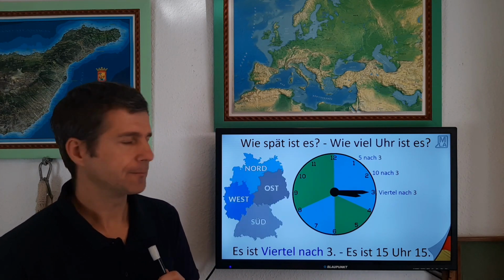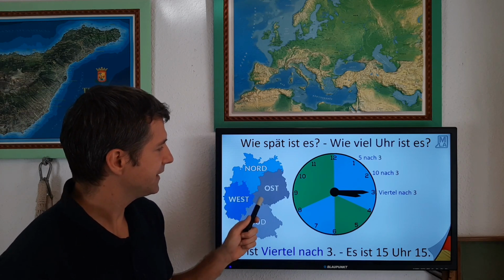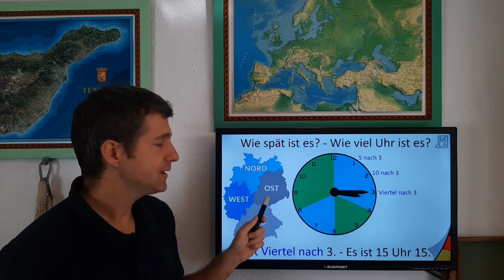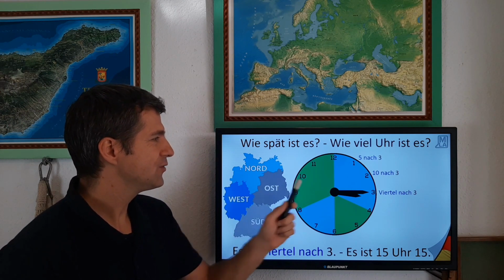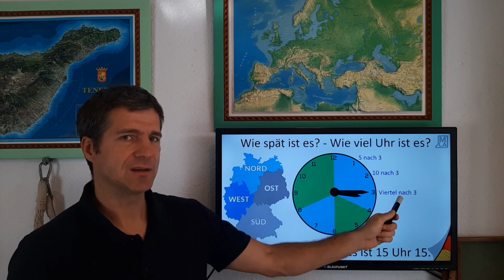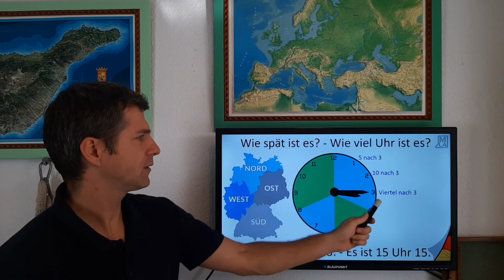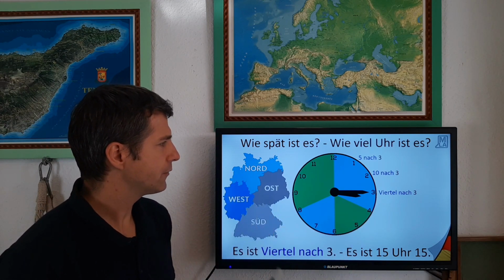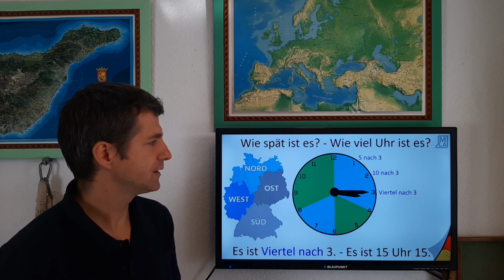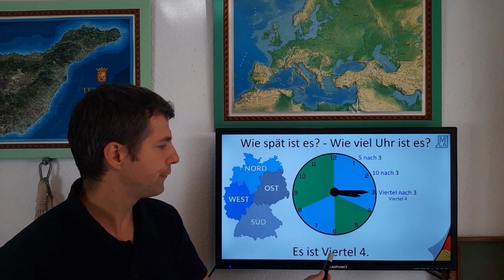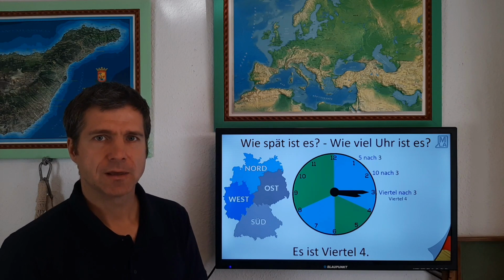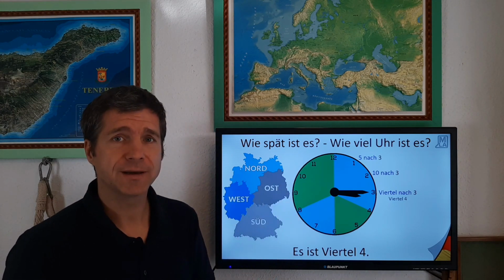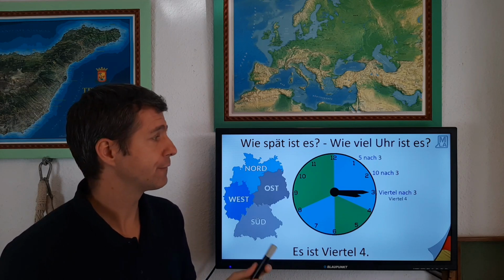One interesting thing, because I come from the east part, okay, and in some regions in the east and in the south, they use a different way to say it, okay? In north and west part, they say Viertel nach 3. But in the east and the south, maybe you will hear this one. Es ist Viertel 4. So it means actually we have 1/4 of the hour 4 completed, so 25%, and so Viertel 4.